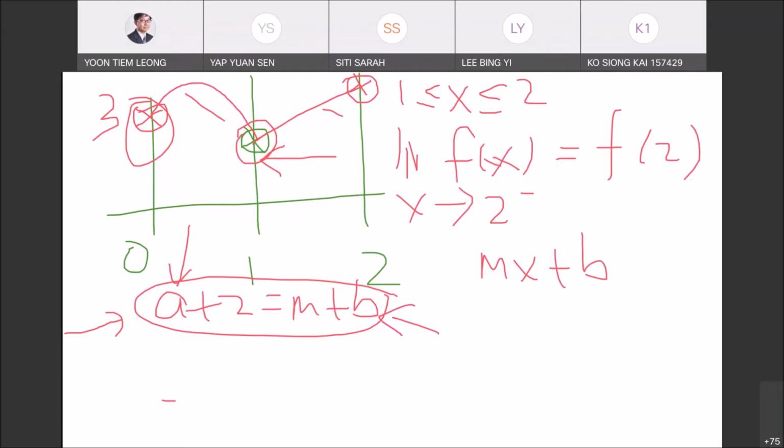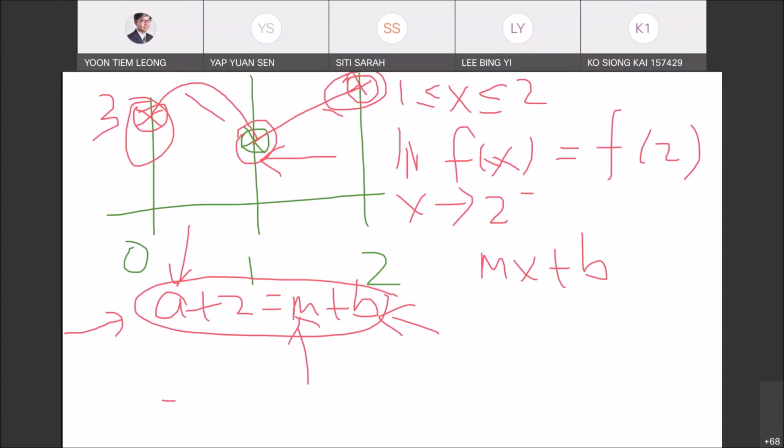Sorry, a is already known, so I need to find out what m and b are. But I have only one equation. So I was thinking maybe by applying the theorem of continuity at this point, I should be able to work out another equation so that I can use it to solve for m and b. But it doesn't look like it because I do not know the value of the function at x equals 2.